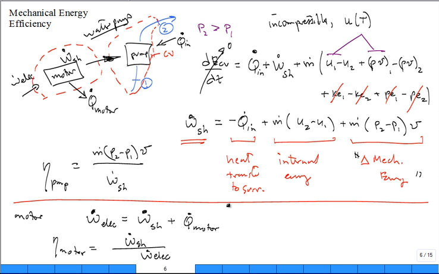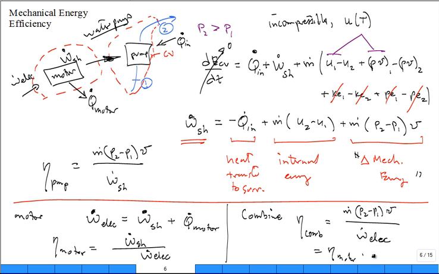Somebody says, I want the combined system, the electric motor and the pump. Can you give me the efficiency for the combined system? Well, it'll be what I really wanted, mass flow rate, pressure increase, density or specific volume, divided by W dot electric. But isn't that going to be the efficiency of the motor times the efficiency of the pump?